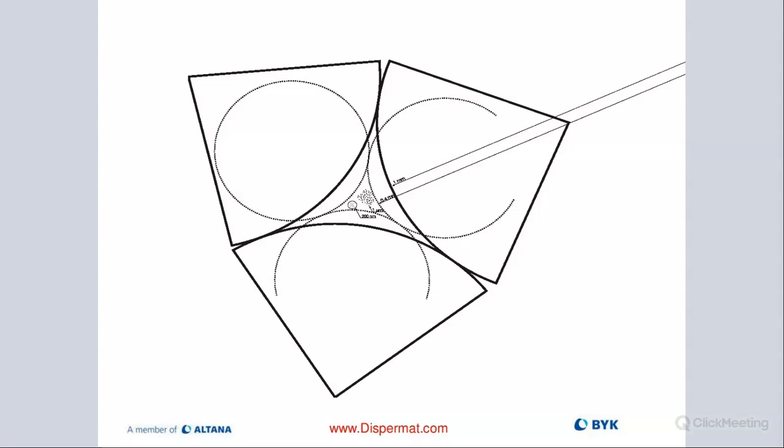In this slide here, we're looking at some of the pigment particle clusters right in the middle of our picture, and then the beads as they are touching each other. Right in the corner where you can see the triangle, this is where all the shearing motion or action happens.